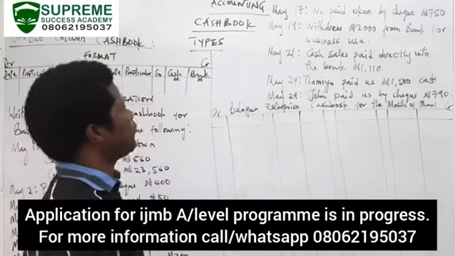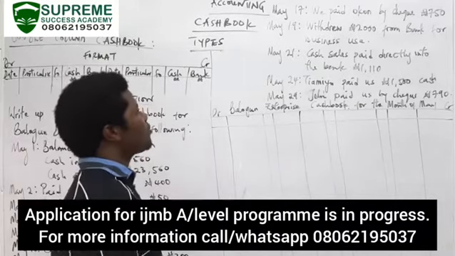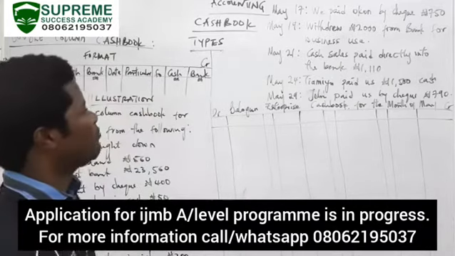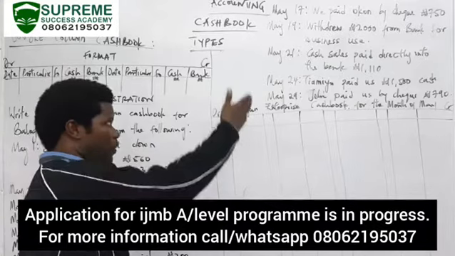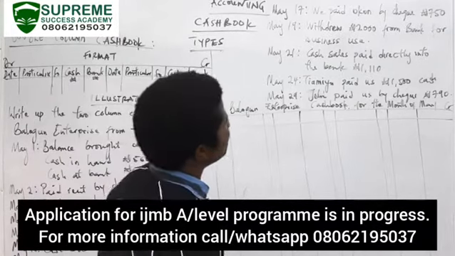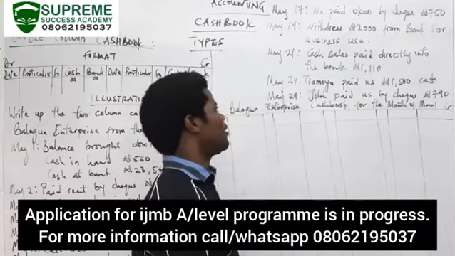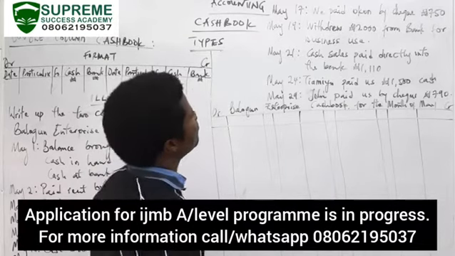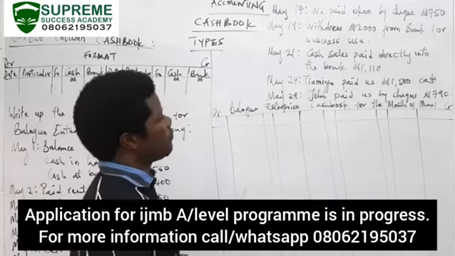May 21st, cash sales paid directly into the bank 1,110 naira. 24th May, Tiamiyu paid us 1,500 cash. May 29, John paid us by check 790.